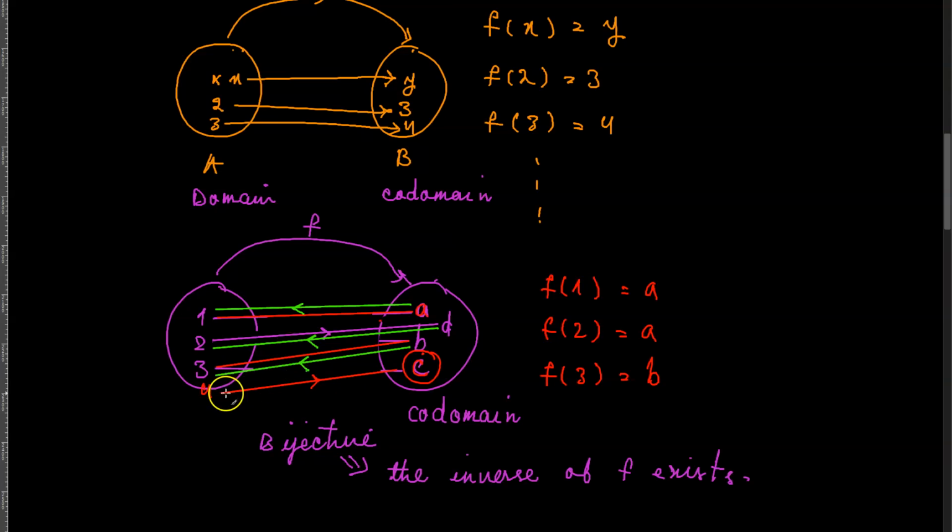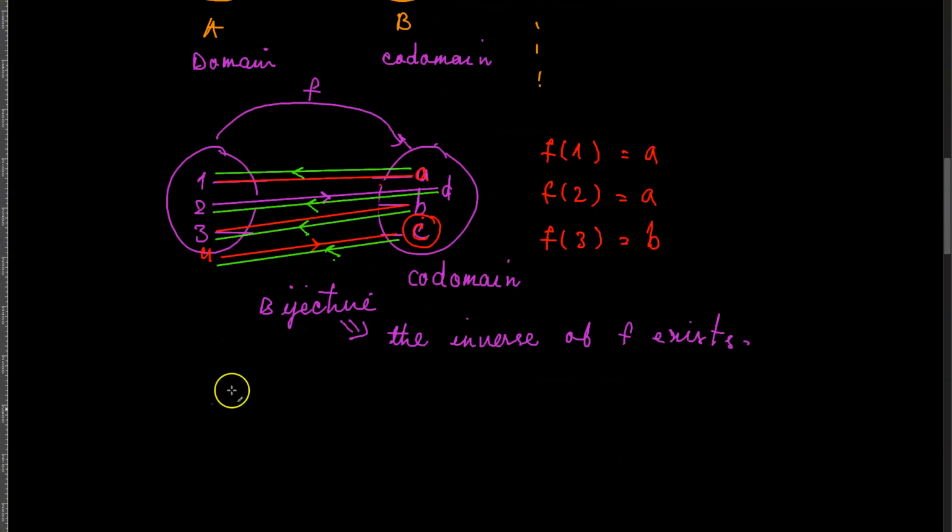Again, there is a unique route from 4 to c, so I can use the same thing to get back to 4. That means that there is every possibility that I can get back from the codomain of the function to the domain of the function, and I have no problem there. And so the inverse of the function can be defined in this case.